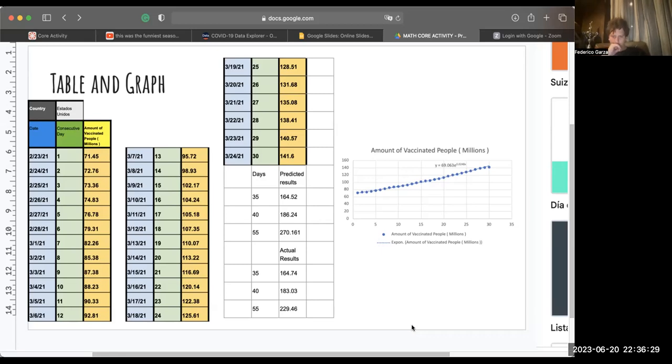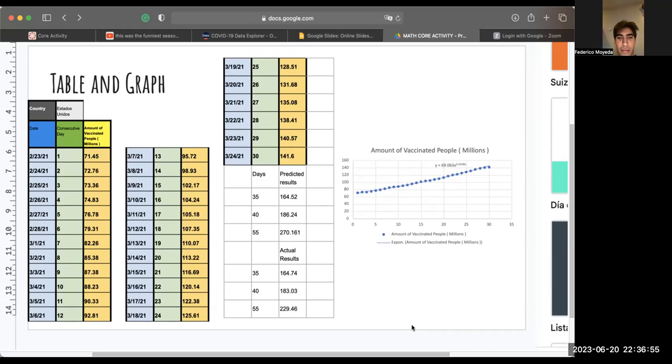So to follow up with what he said about the predicted results in the function, with that you can see the graph. With the graph, you see the amount of vaccinated people. In the parentheses, you can see millions, since we are talking about millions in all this case. The blue dots show a high increase and how it starts to move to the right, and that is the amount of vaccinated people.